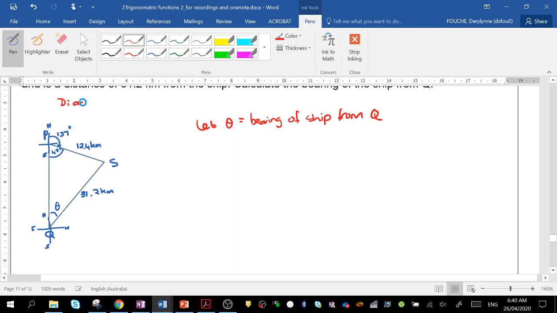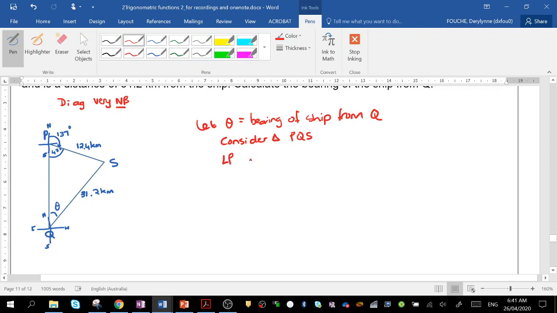You have to draw a labeled diagram. Okay, so let's say, consider triangle PQS.